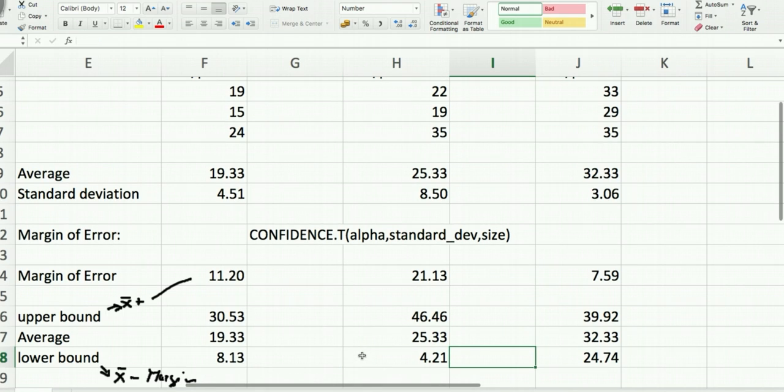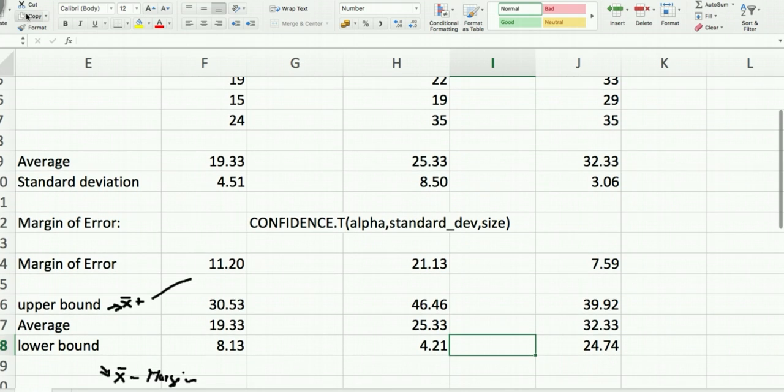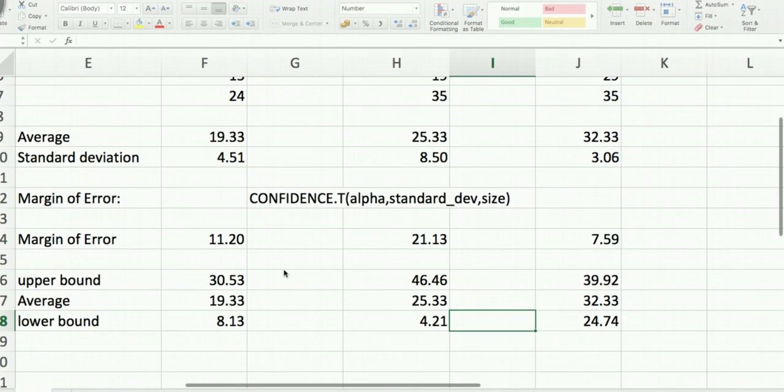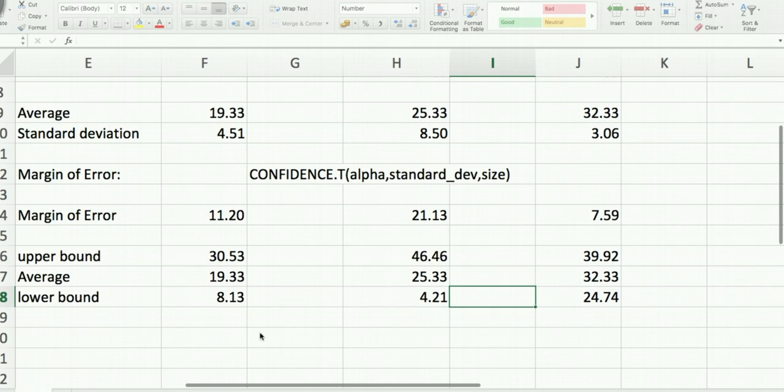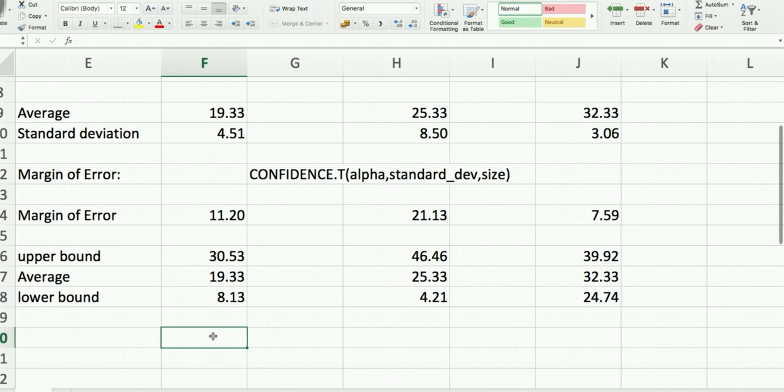So what we now have are ranges. They are intervals. So this means from Tom's result, we can conclude that the true average for all the plates in the world done under these conditions would be somewhere between 8.13 and 30.53, with the average for Tom in the middle.